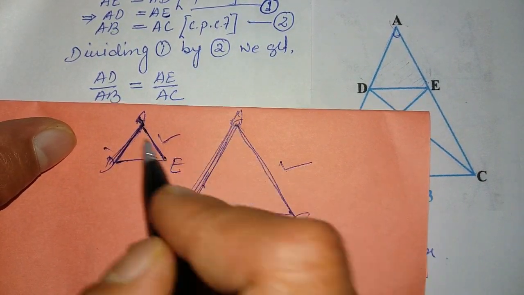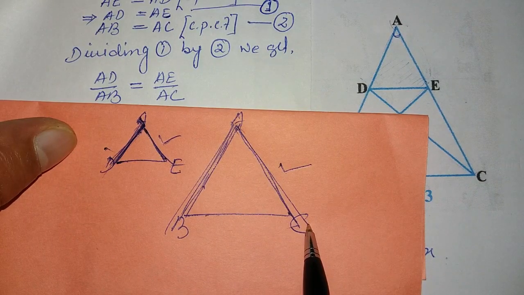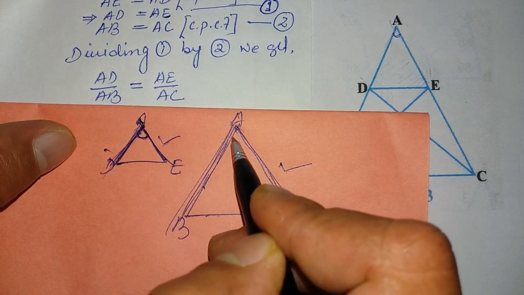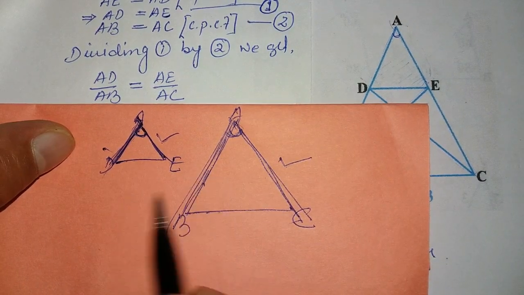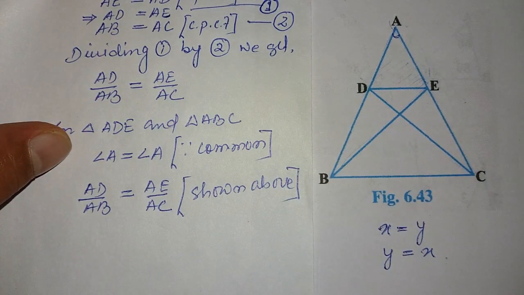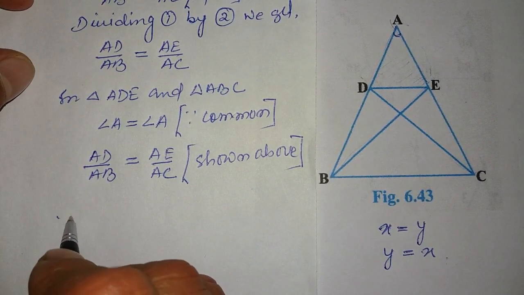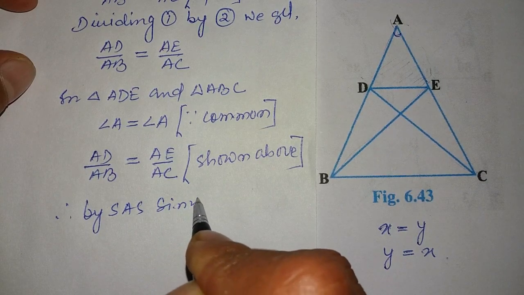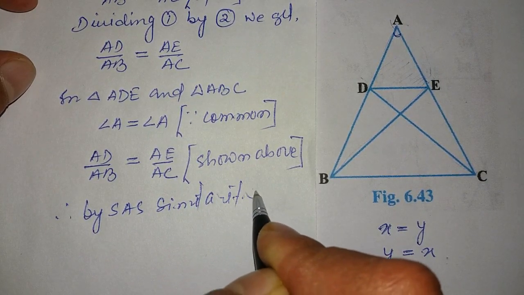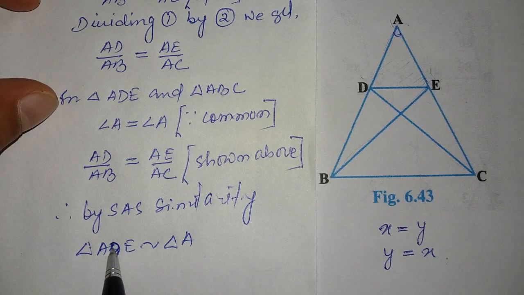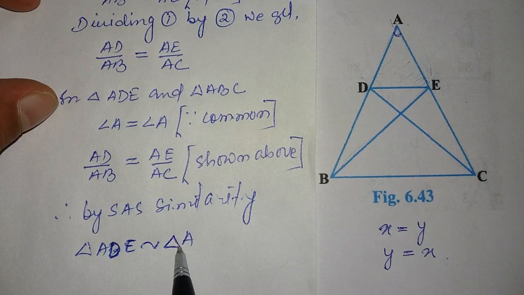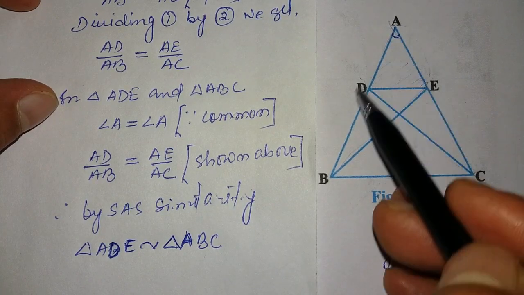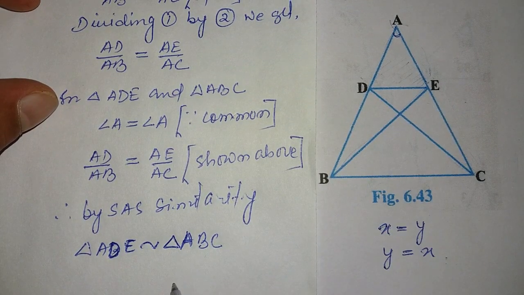The ratios of these two pairs of sides are equal, and the included angles are equal. So by SAS similarity, we can say that these two triangles are similar. Therefore, by SAS similarity, triangle ADE is similar to triangle ABC. So hence proved.